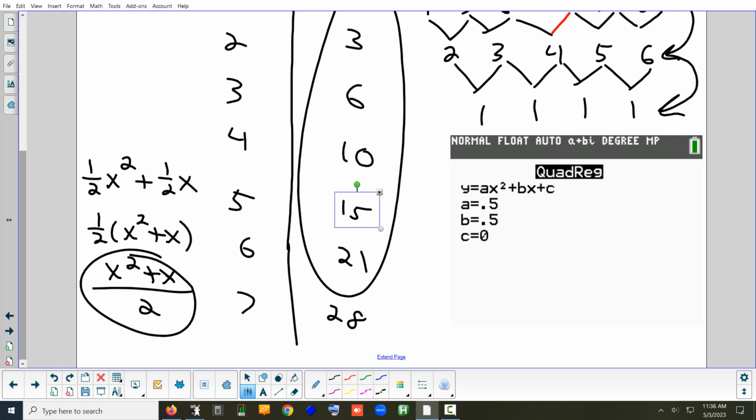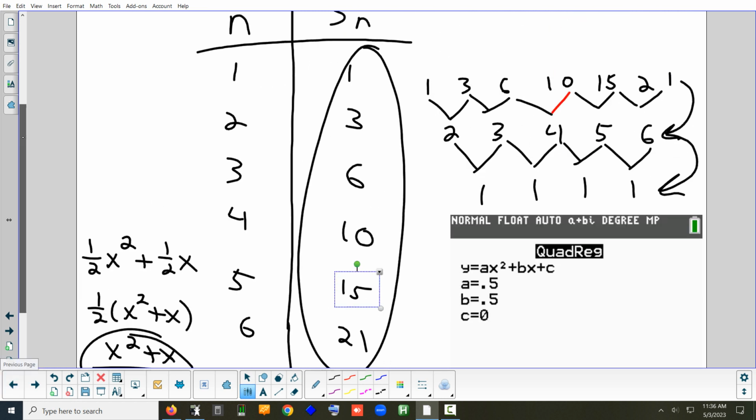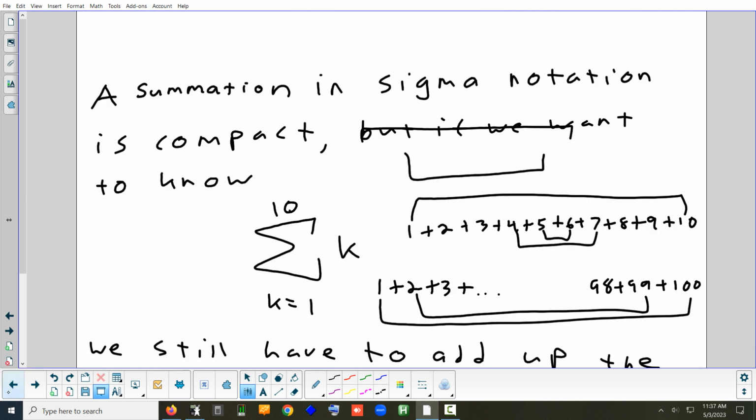Let's try to predict the fifth one. We should get 15. What's 5 squared? 25. Plus 5, 30. And 30 divided by 2? 15. So we just figured out a formula that predicts the sum of the first n integers. So now, if you wanted to add up, say, the first 10 integers, when we did this, let's go back.